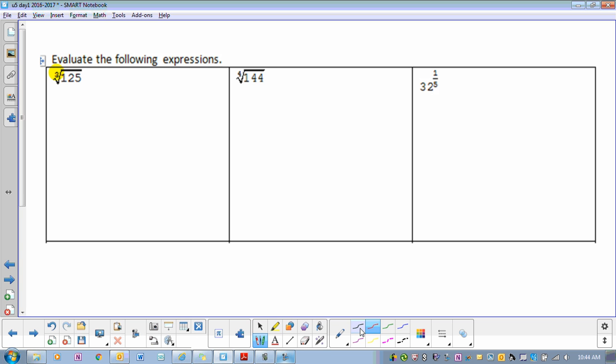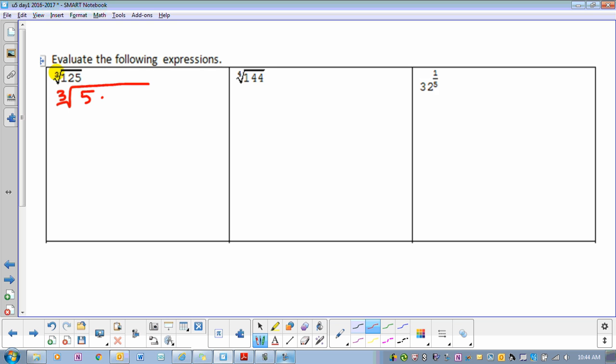Let's break down 125. Guys, if I break down 125, what is it? What times what? 5 times what? Guys, do 125 divided by 5. Since it ends with a 5, it's divisible by 5. 25 times 5. Yeah.